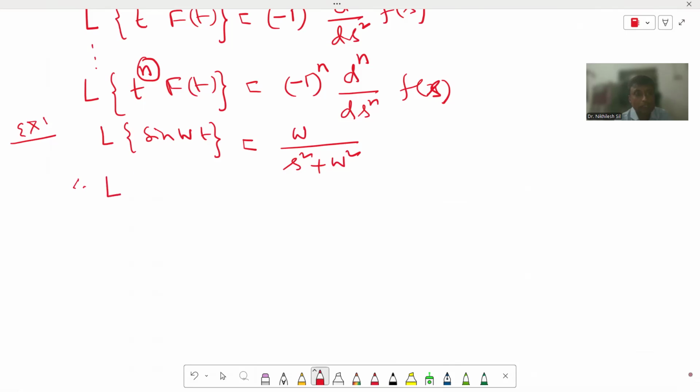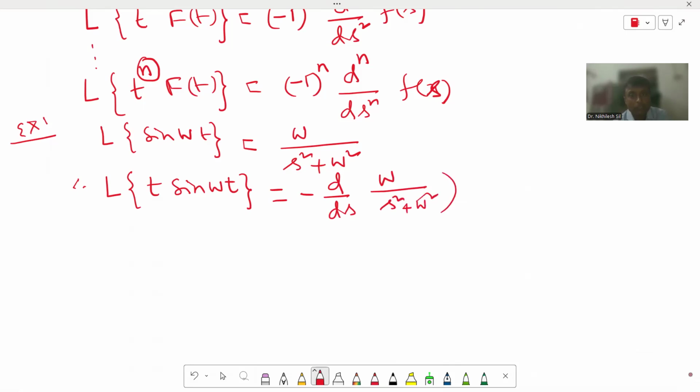Therefore, Laplace of t sine omega t is equal to minus d/ds of F(s). What is F(s)? Omega divided by s square plus omega square.